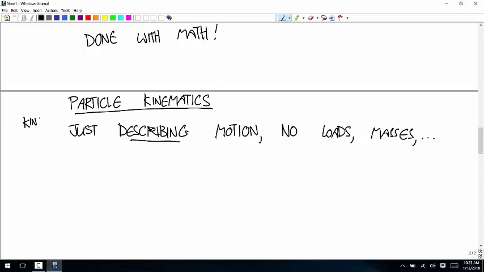Okay, kinematics. And what's a particle? Very small, something. Okay, so that's on the right track, but it doesn't have to be. It has mass.